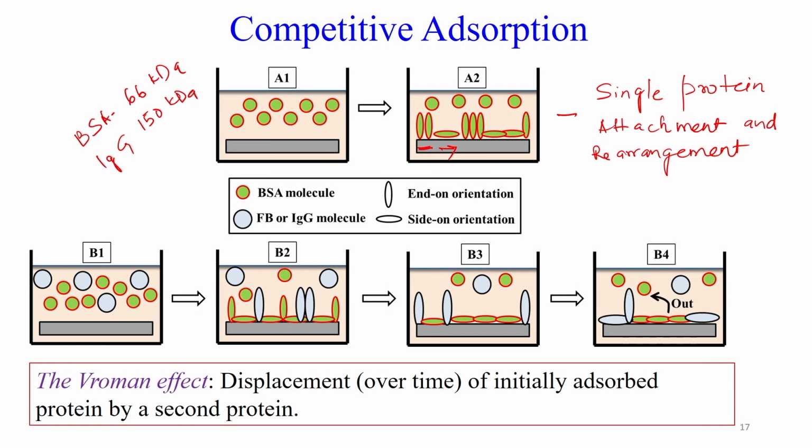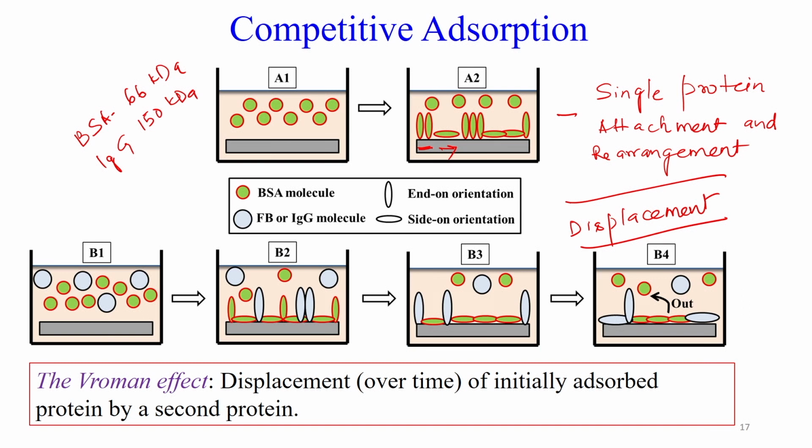So, the one extra step during the competitive adsorption process is displacement. That displacement depends on the affinity of the smaller protein with the surface, as well as which one is the smaller or the larger protein.